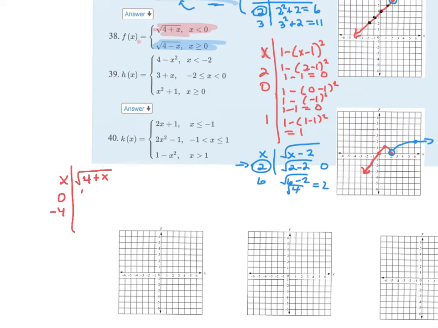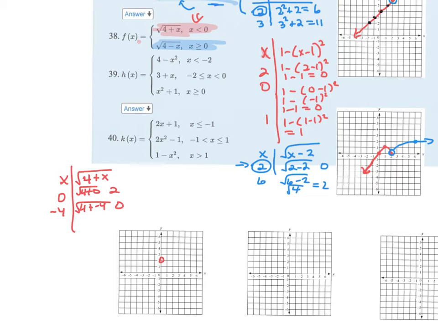So when I do 4 plus 0, I get the square root of 4, which is 2. And then here, when I plug in -4, that gives me 0. So that makes it a lot easier to graph. So I'll go ahead and graph 0, 2. It is going to be an open circle because it's got just the less than symbol.